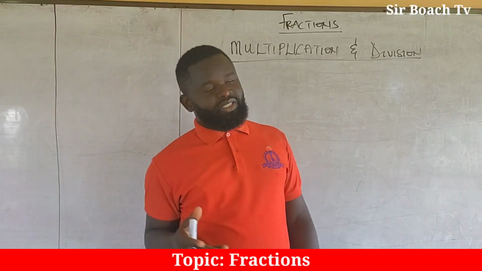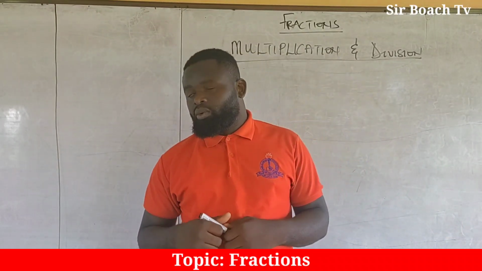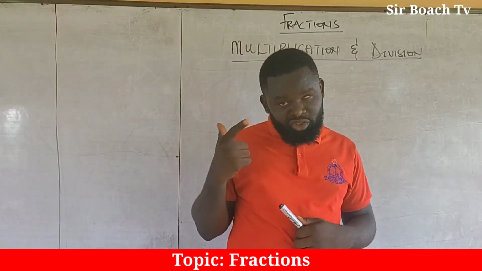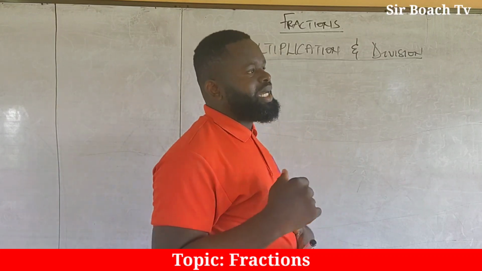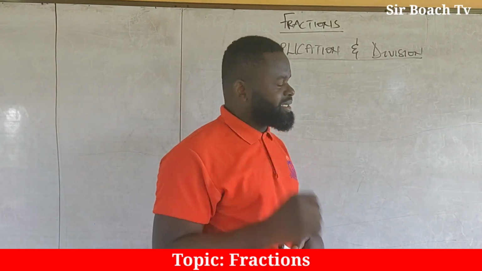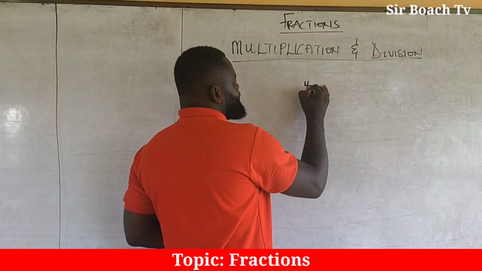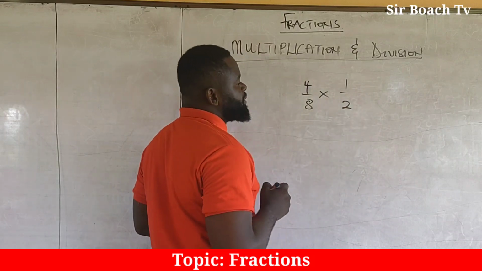Now, multiplication and division. Another simple aspect of fractions. When we are multiplying or dividing fractions, we consider certain things. Cancellation comes in fractions. Let's look at something. If I have 4 over 8 times 1 over 2.